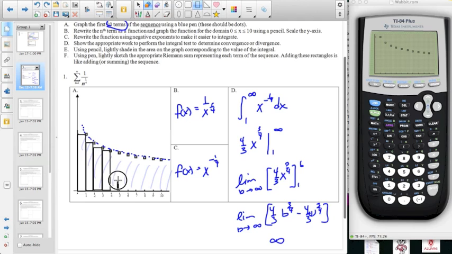So as we're calculating the areas of all these rectangles and adding those up, that is the physical sum of the infinite series, which would be just adding up all the terms or all the y values of that rectangle.